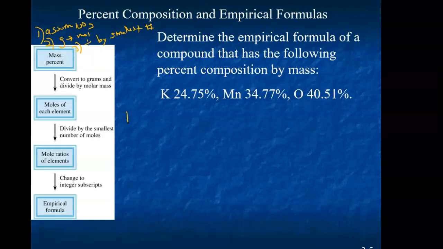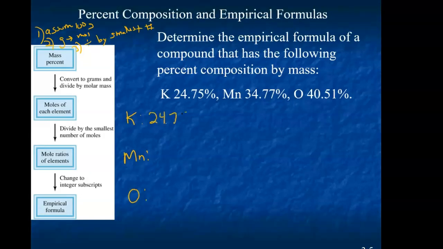So we have K, Mn, and O. Step 1. I literally kind of do it like a little factory.